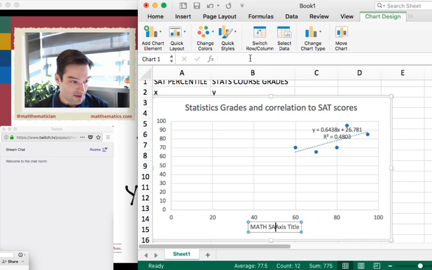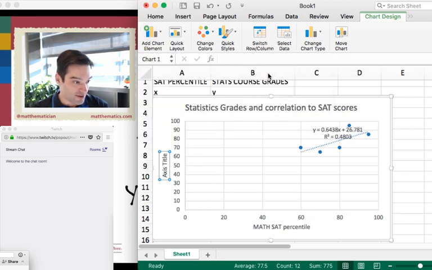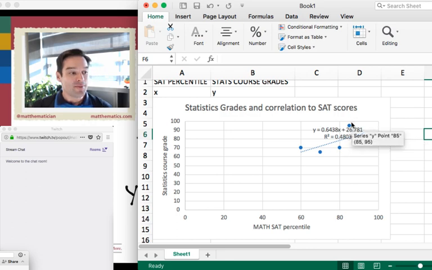Math SAT percentile. And do the same thing on the y-axis. This would be statistics course grade. Just because I want this graph to have meaning to anybody who's looking at it without me having to explain where this comes from. But again, this is how Excel does that same process, right?